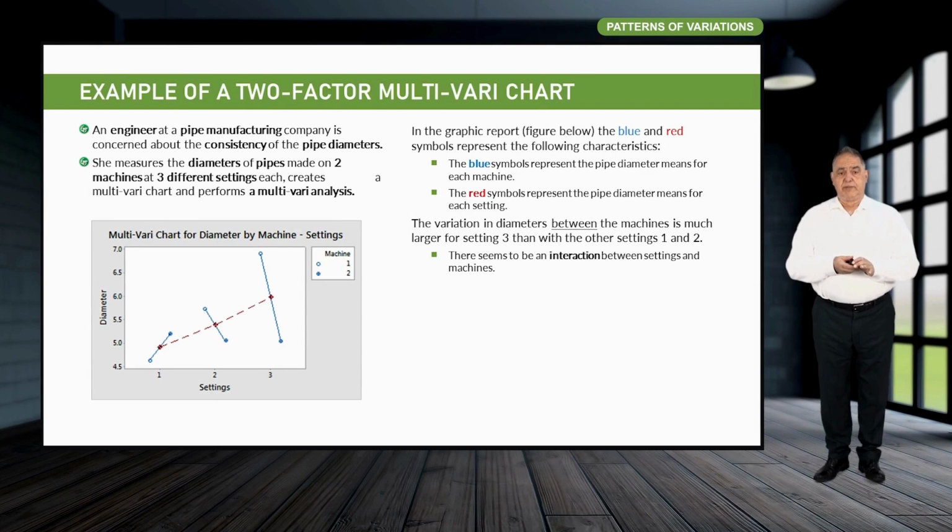And again, here on the figure, you can see an example of a multi-vari chart and how it looks like. This is an example of a 2-factor multi-vari chart. 2 factors means that we're talking about 2 input factors, 2 predictor factors, as we call them. So an engineer at a pipe manufacturing company is concerned about the consistency in the pipe diameters.